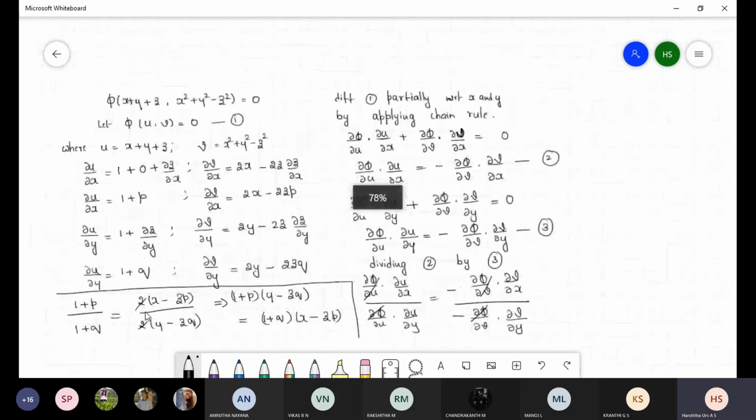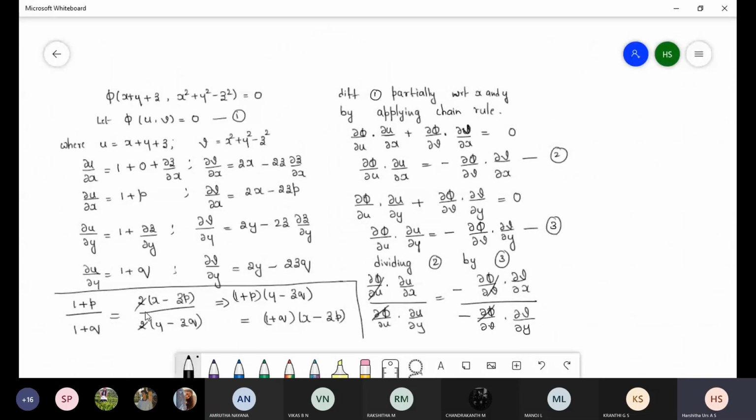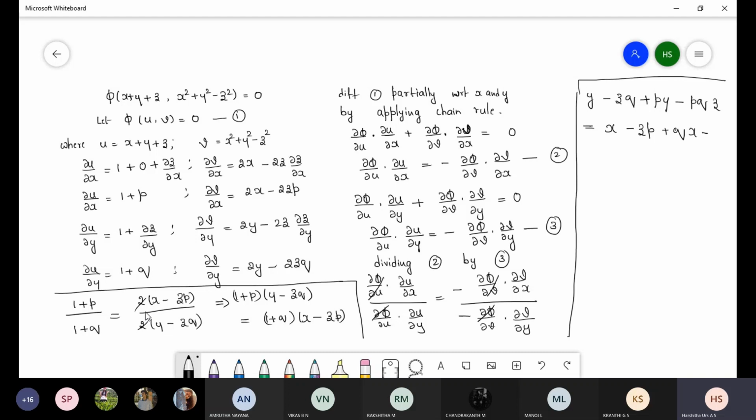Further we have to do the multiplication. So y minus zq plus py minus pqz is equal to x minus zp plus qx minus pqz.